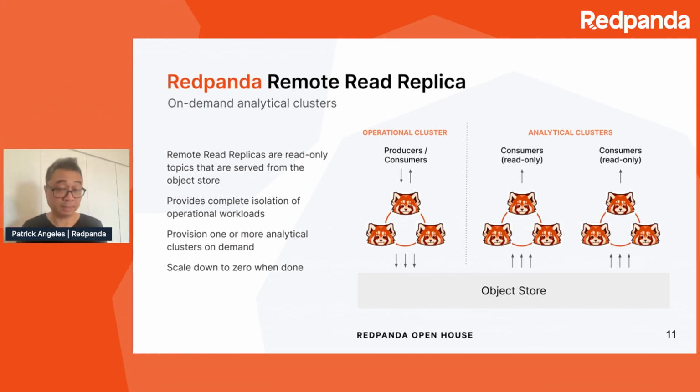What's great about that is you can stand up these clusters dynamically. Let's say I wake up today and the SEC calls me and they need to do an audit of all the transactions I've done. I spin up an analytical cluster, go into S3, and produce a report of all my trades for the past two years. Boom.